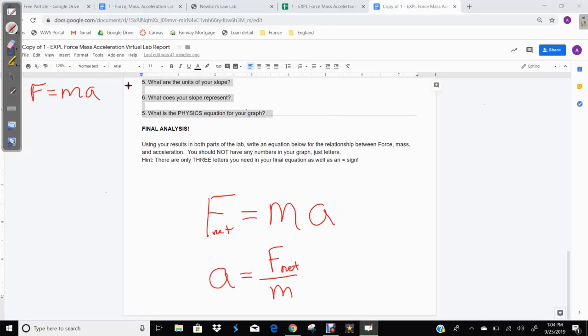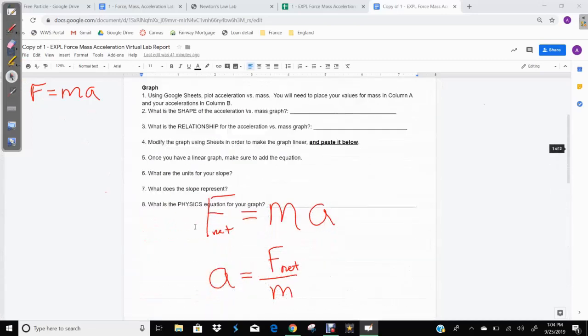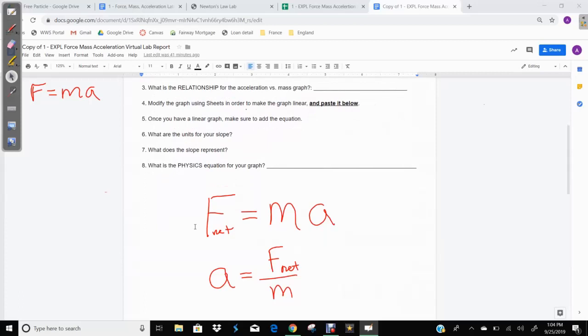Okay, so just understanding the units, especially on that first graph, I think are really important up here. When we make that physics equation and its acceleration is equal to your slope, which is force times 1 over mass, if we kind of go back to that, I think it's going to help you understand where that equation comes from. Remember, we did acceleration is equal to the slope, times the x-axis, which was force, times 1 over mass.